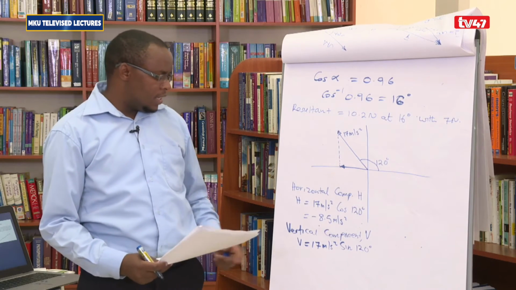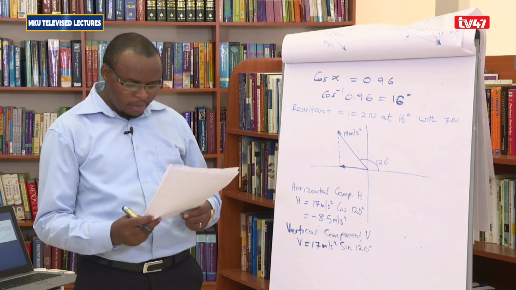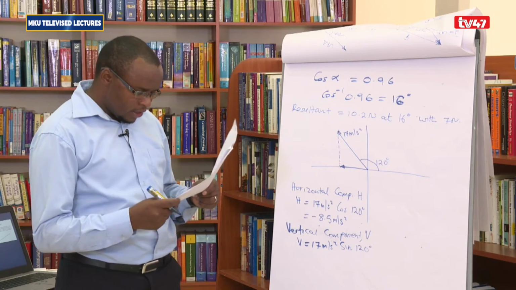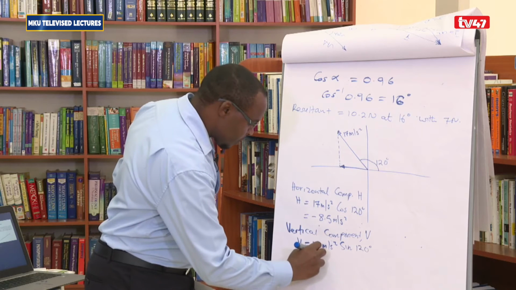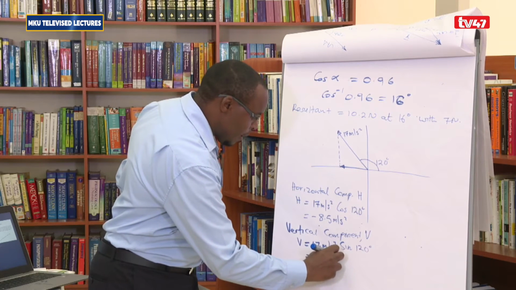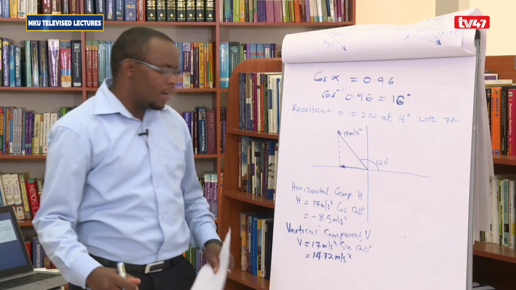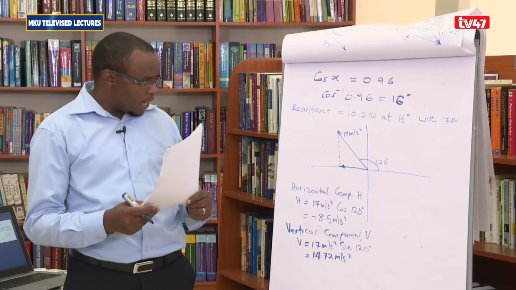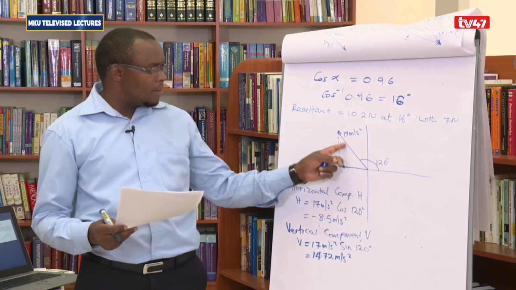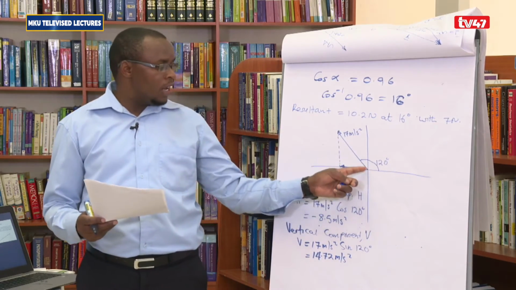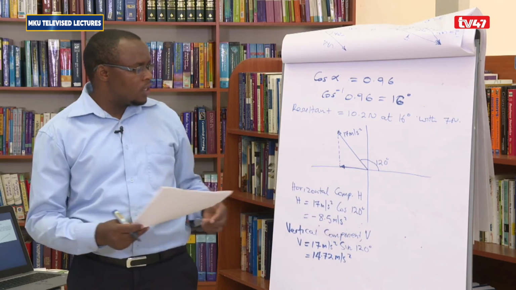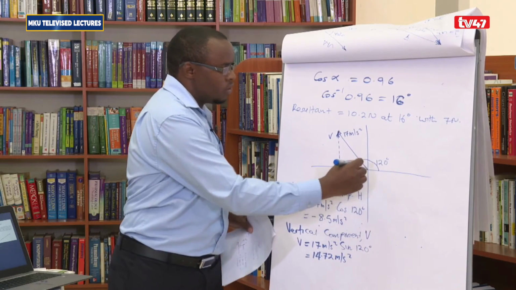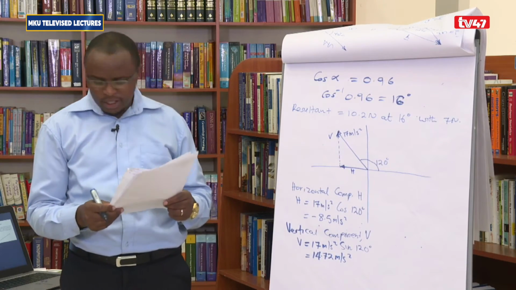Sine of 120 degrees gives a positive value, and when you multiply, the answer is 14.72 meters per second squared. So this is the resolution of that acceleration into horizontal and vertical. This is our vertical component, V, and this is our horizontal component, H.